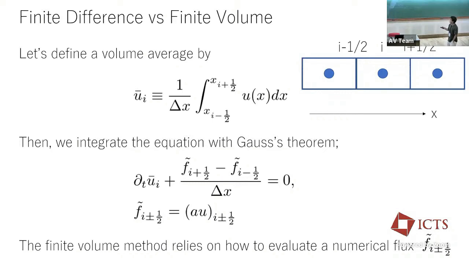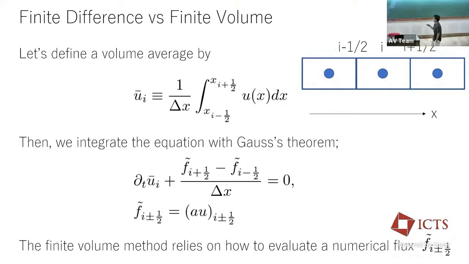So the essence of the finite volume method relies on the conservation equations, and the finite volume method relies on how to evaluate the numerical flux at the cell interface.